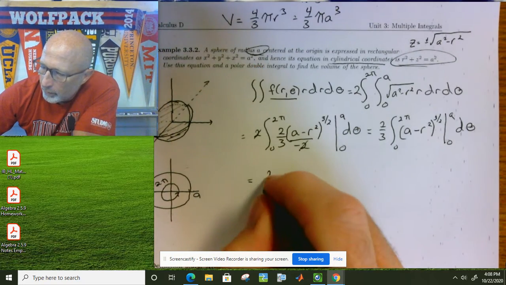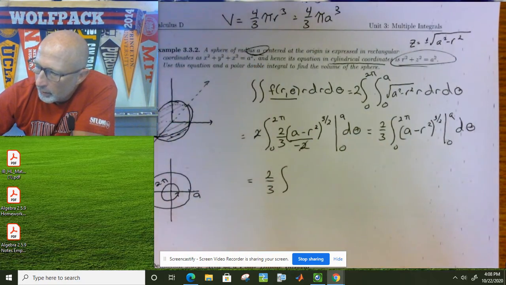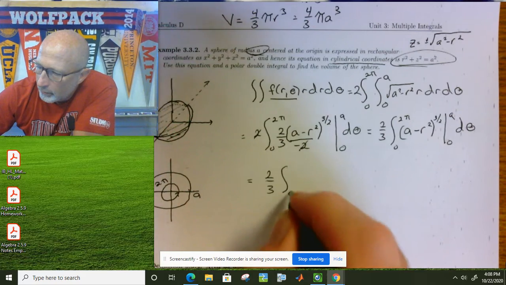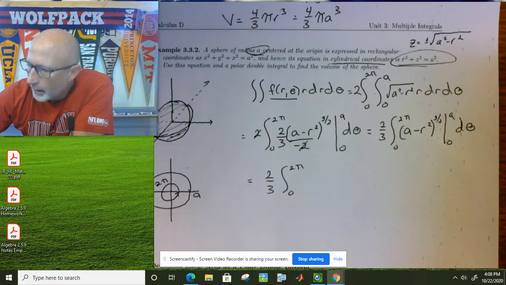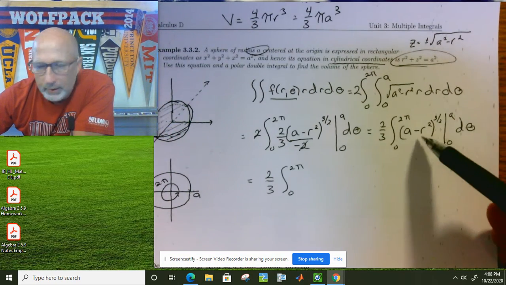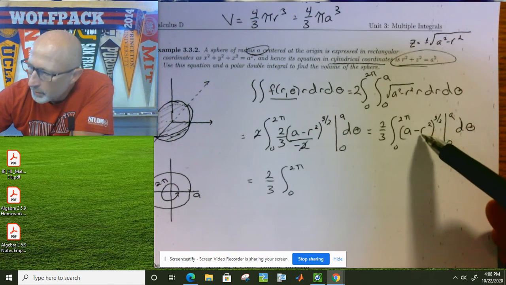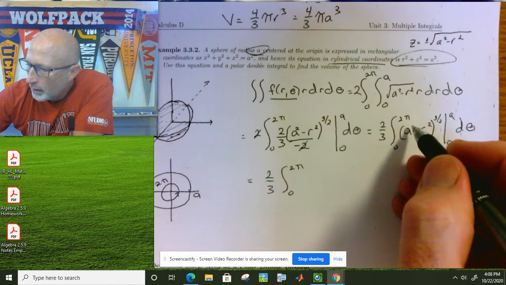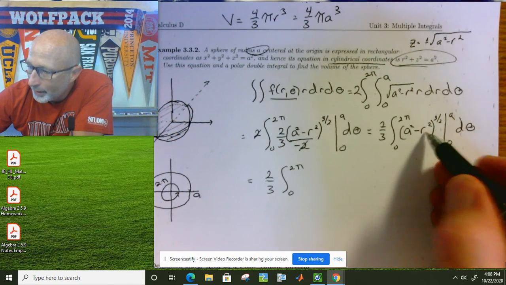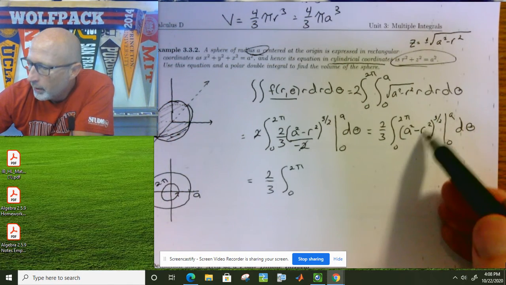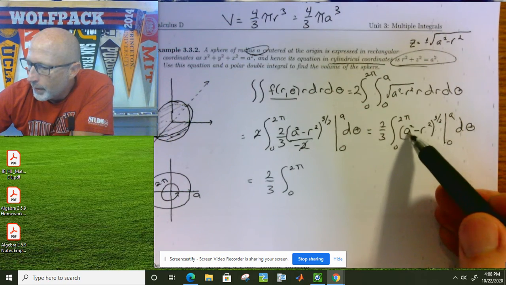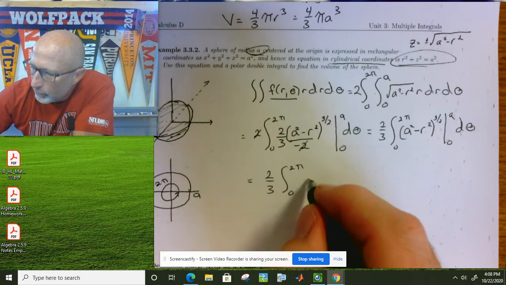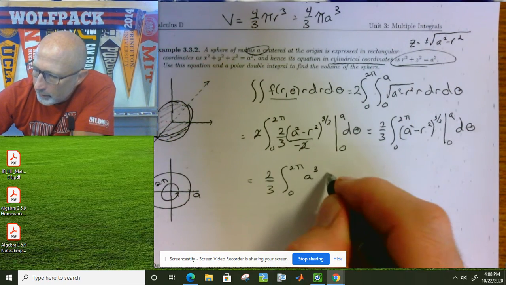Let's evaluate this. This should be an a squared. So you plug in a, you're going to get 0. You plug in 0, you have a squared to the 3/2 power, which is just a cubed, d theta.